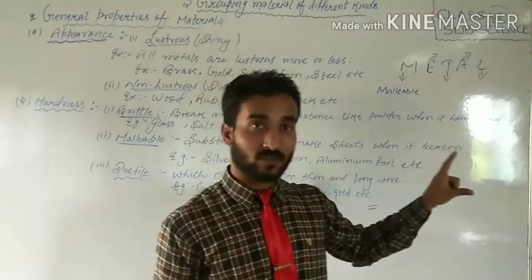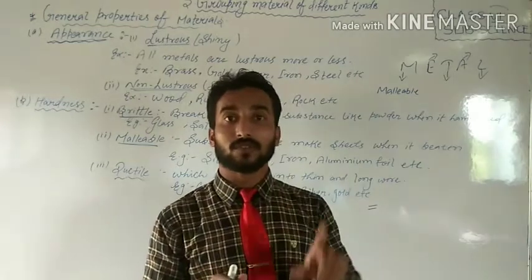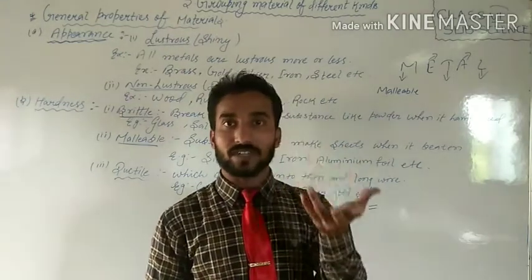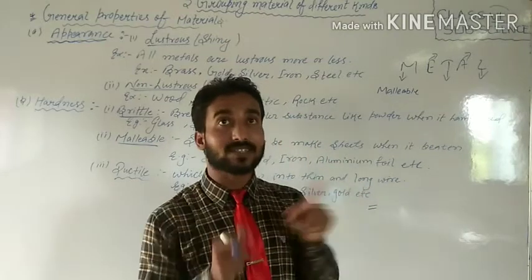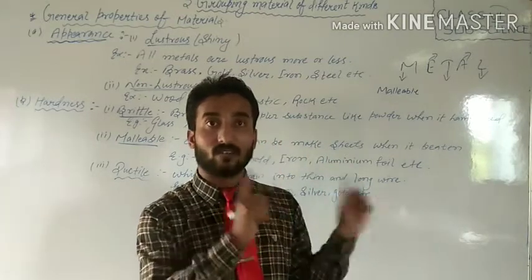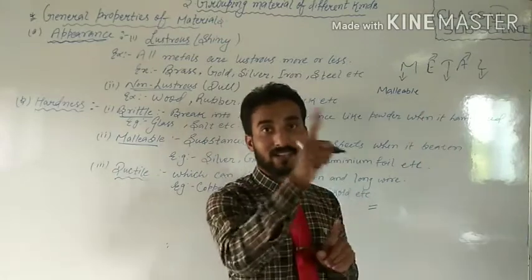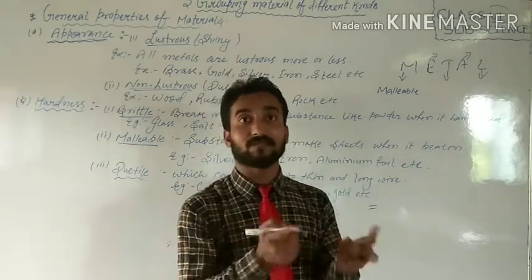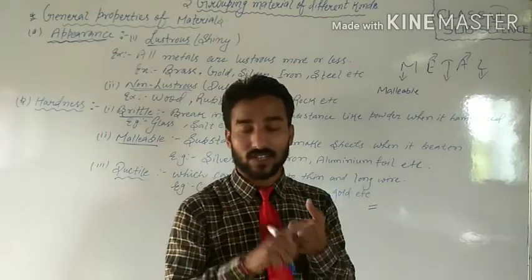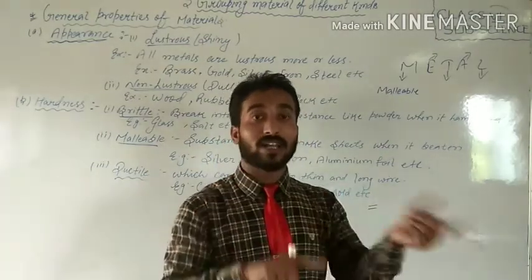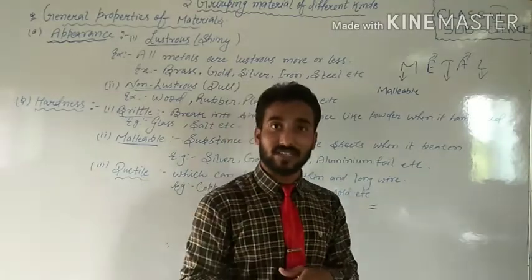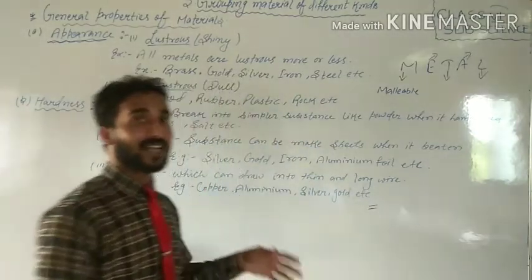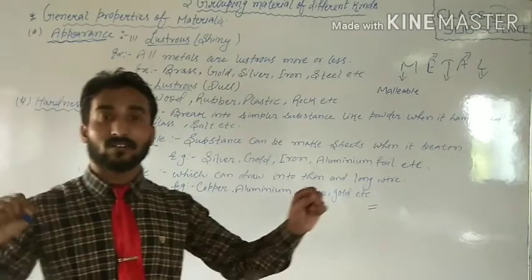You will go to the switchboard and put on the switch. As you put on the switch, the fan will start moving. Why? Because it is connected via an electricity wire, and that wire supplies the electricity. That wire is made of either copper or aluminium. Two types of wire may be there, copper or aluminium. So that metal has the tendency to be drawn into wire.